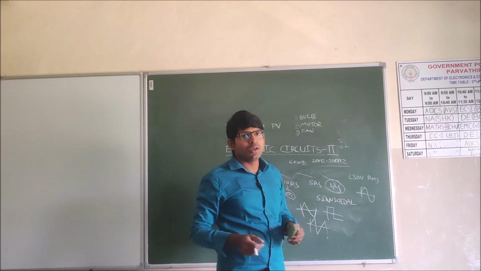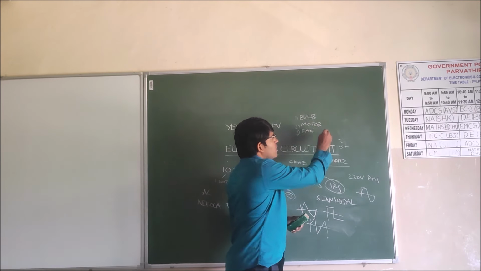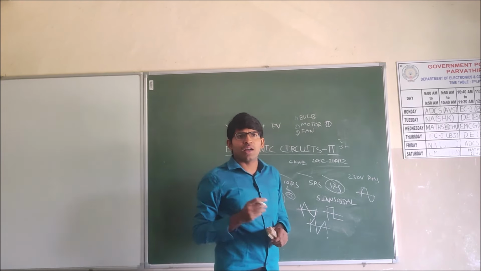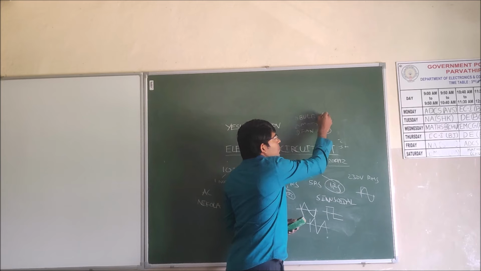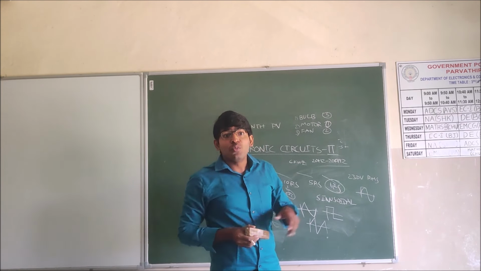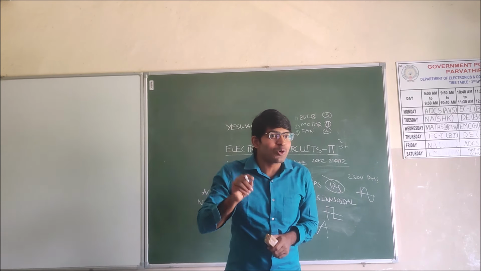Out of these 3, which device is taking more current? Motor, obviously. This is the first device which is taking more current. Next, second, fan. Third one is the bulb. But my question is, which device is taking more voltage?